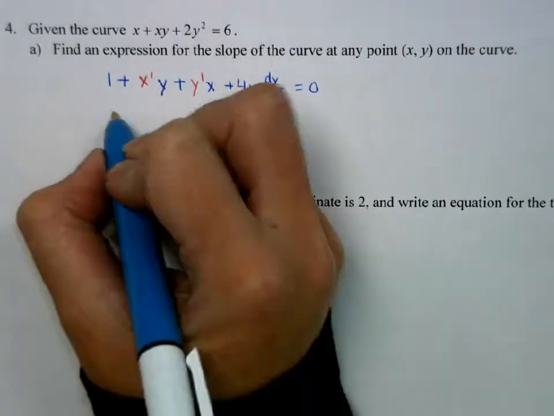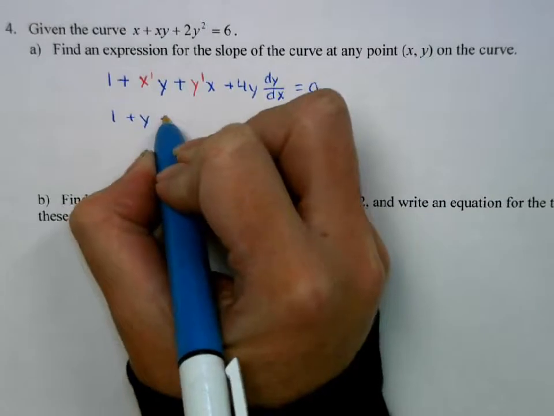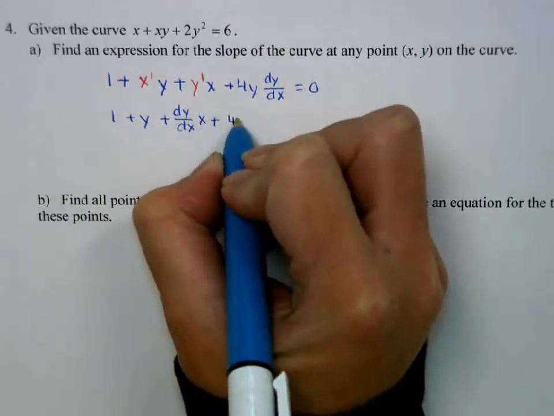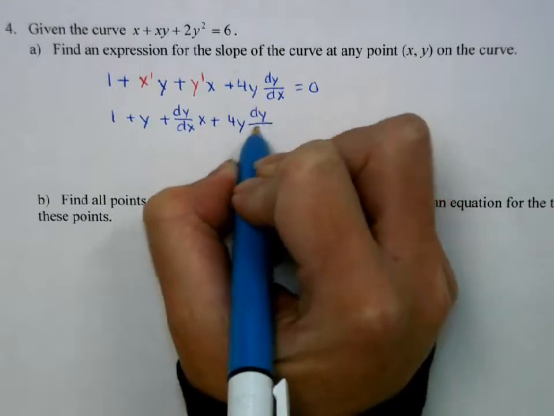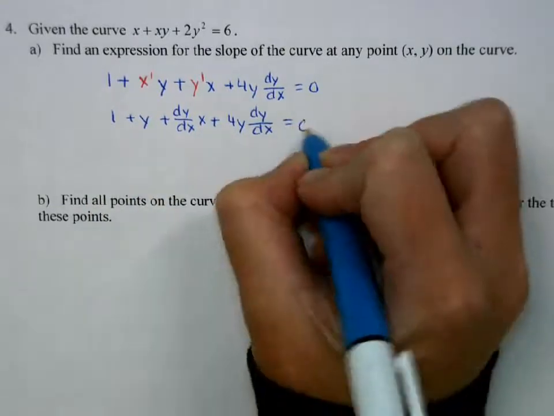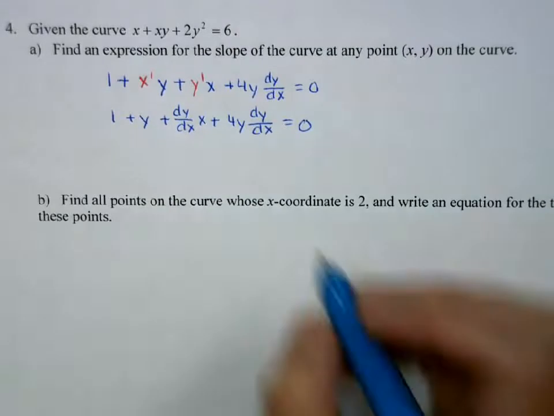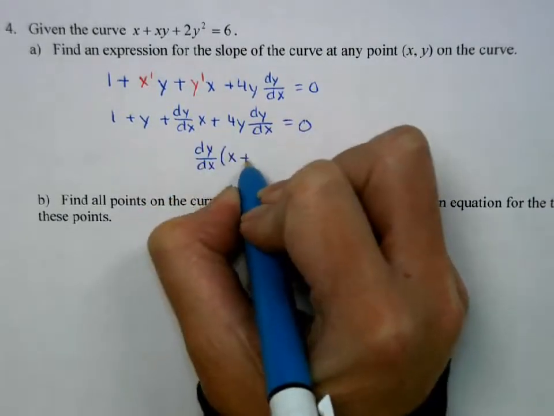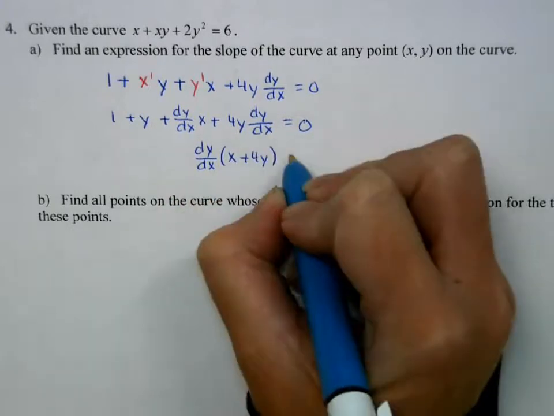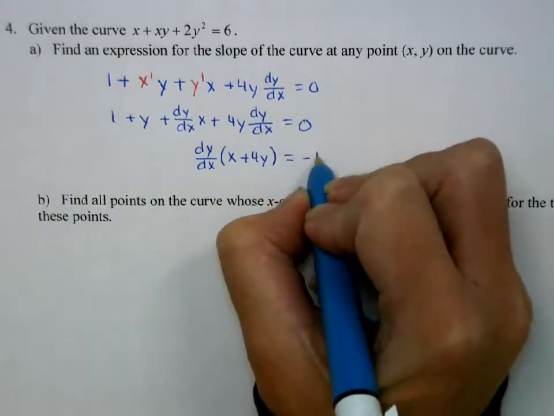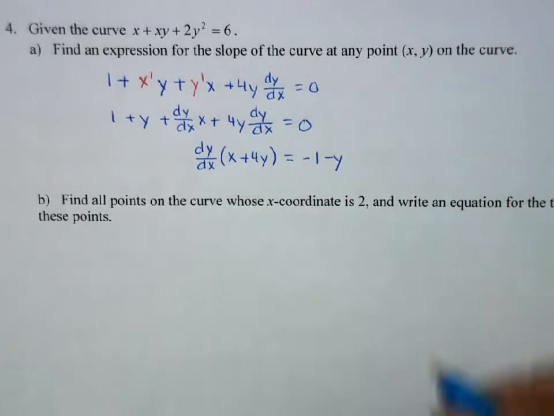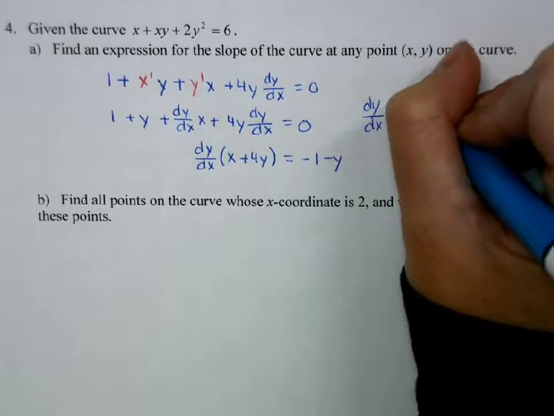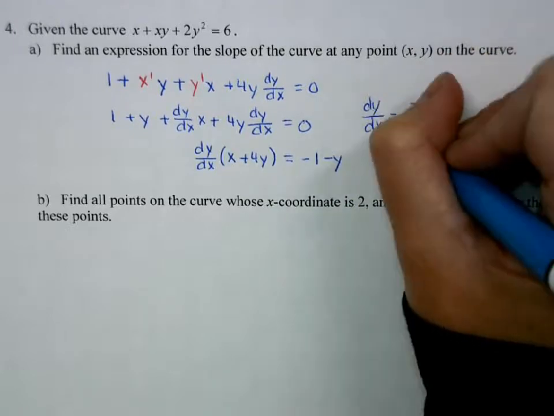So 1 plus y plus dy dx times x plus 4y dy dx. So I'm going to factor out dy dx, and subtract 1, subtract y. So dy dx is negative 1 minus y over x plus 4y.